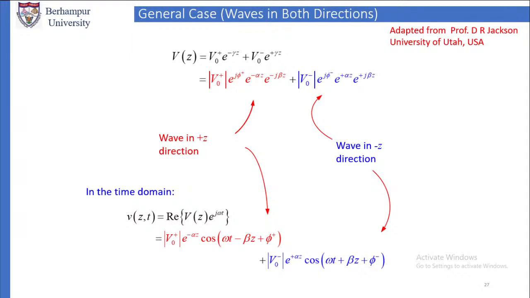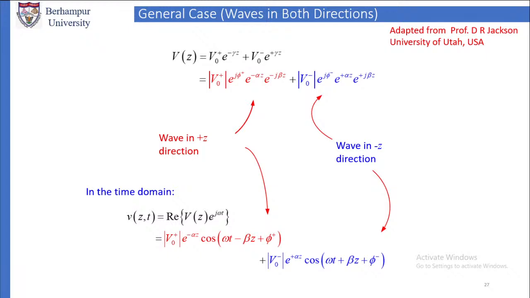Now you have V(z) is equal to V0 plus exponential minus gamma z plus V0 minus exponential plus gamma z. Now we are considering waves in both directions. We are considering the general case. The red part is for the wave propagating in the positive z direction. The blue part is for the signal propagating in the negative z direction.